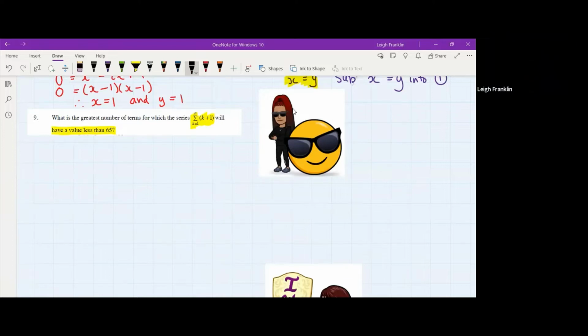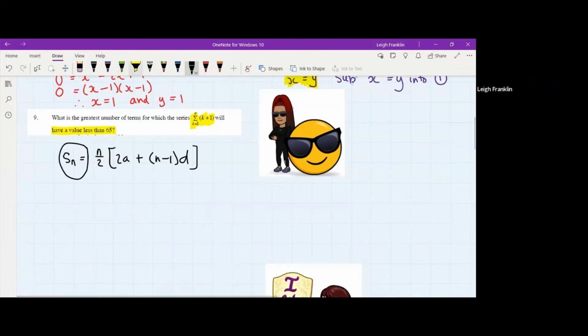So now what we've got to do is manipulate what we know. Before, we've always said SN equals, if we're working with an arithmetic series, n over 2 times 2a plus (n minus 1)d, and we've subbed in 65.